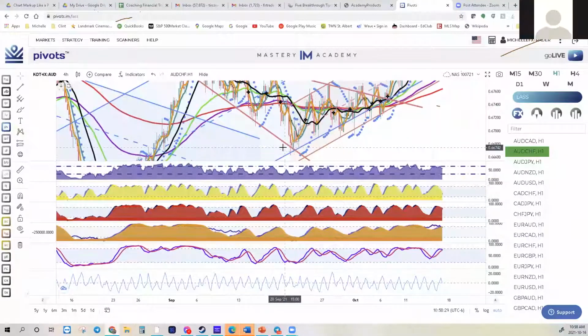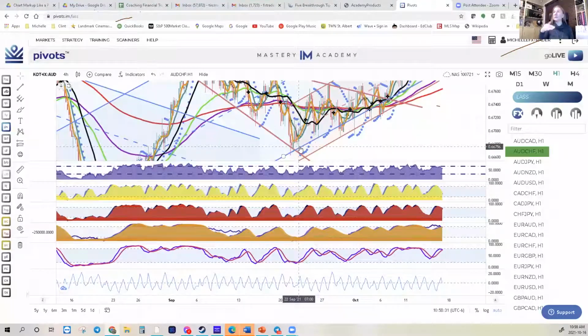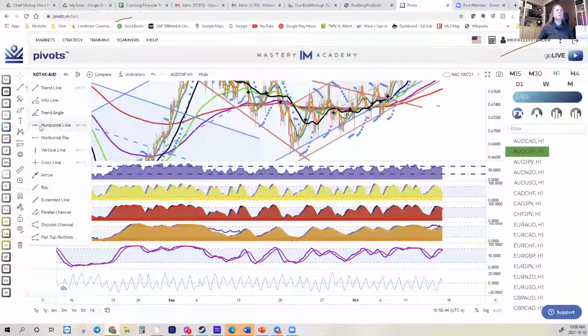That's awesome. Yeah, this is where you use all those steps of confluence to go, oh my gosh, I'm at the bottom of my channel, I'm at the bottom of my wedge, LAS is telling me go, right? There's support here from a support perspective.